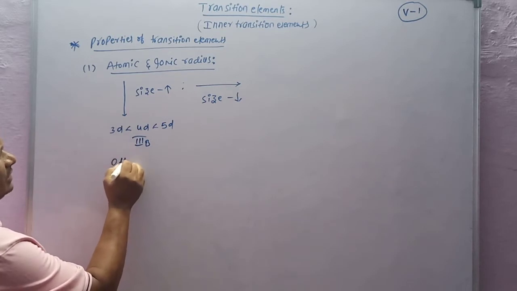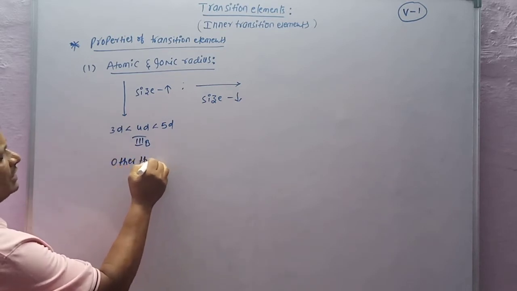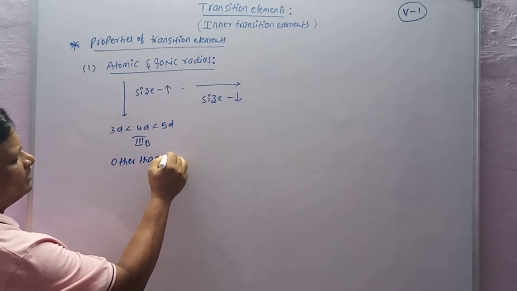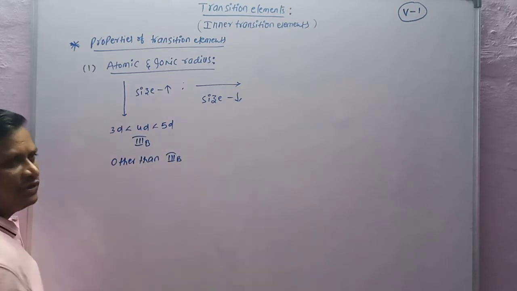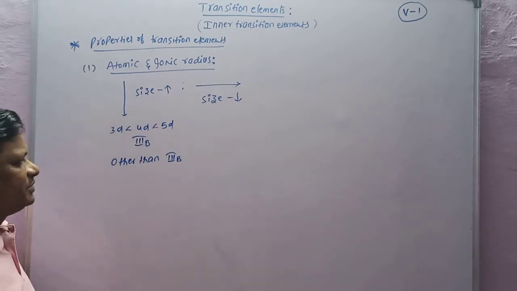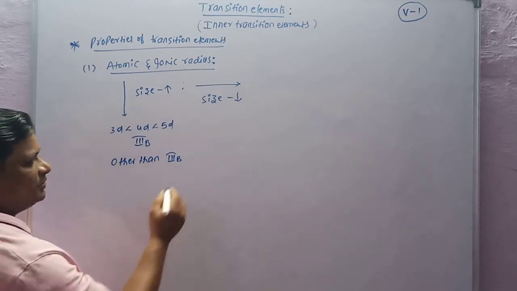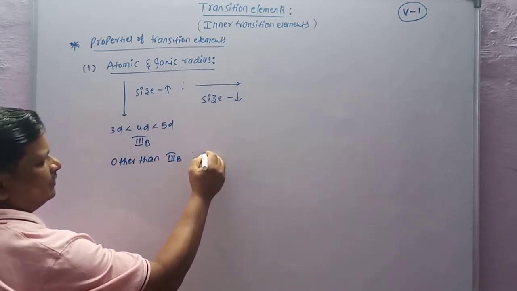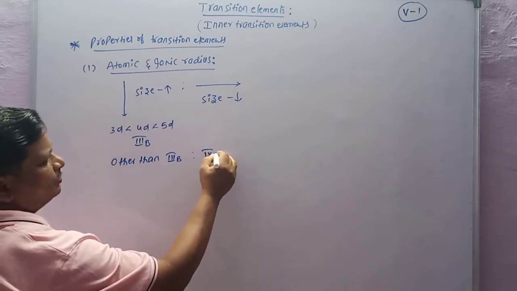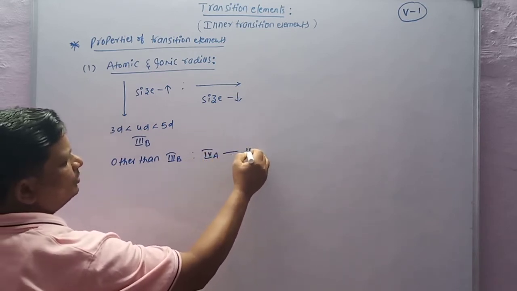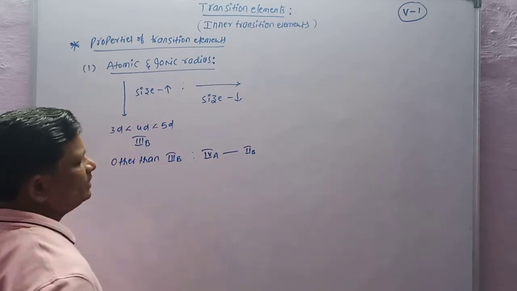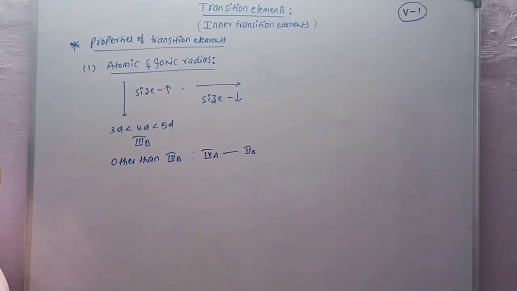Other than third B group, the remaining groups means from fourth A group to second B group.